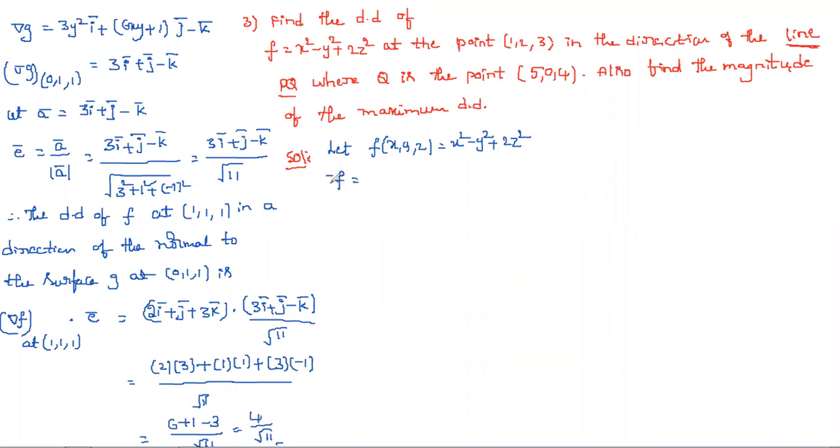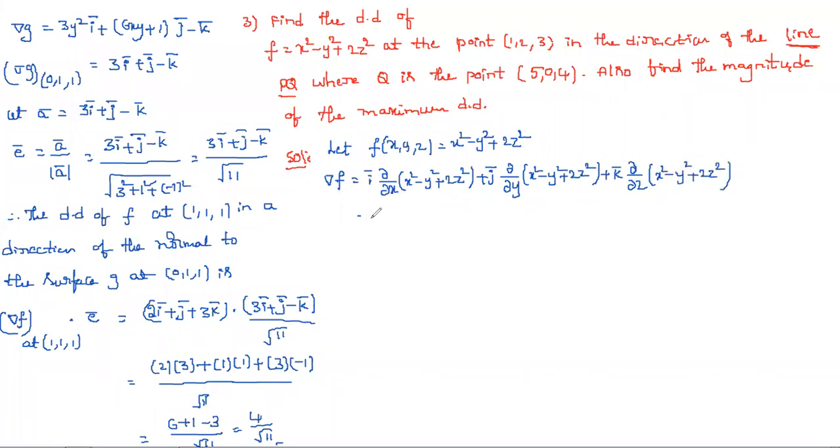So del f is equal to i into dou by dou x of x square minus y square plus 2z square, plus j into dou by dou y of x square minus y square plus 2z square, plus k into dou by dou z of x square minus y square plus 2z square.